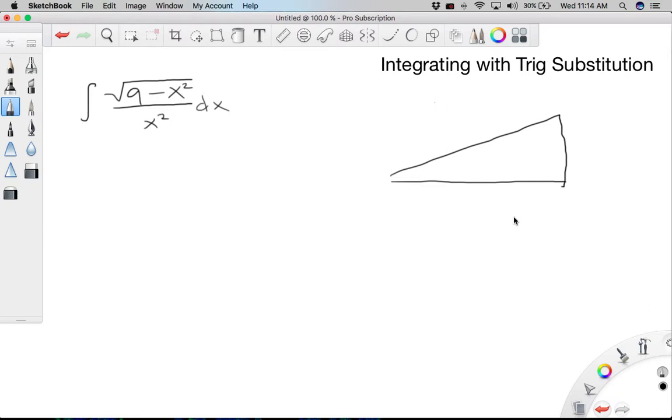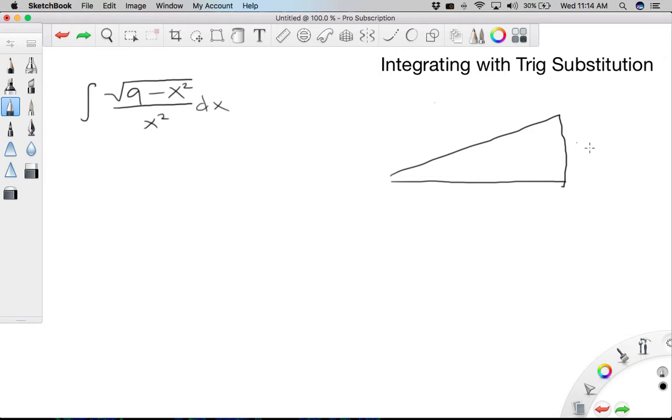Okay, so I guess the trick here is to draw the triangle in such a way that you can actually substitute the square root part, this x part, and the dx part successfully and eliminate all of the x's and replace them with some function of theta. Okay, so I'm just going to show you how that's going to work for the first example.